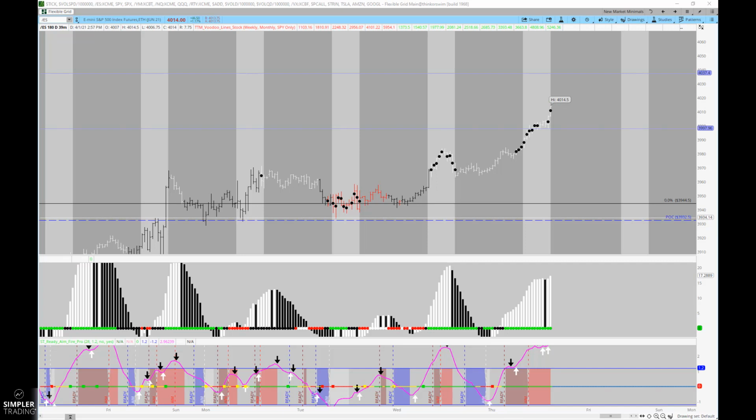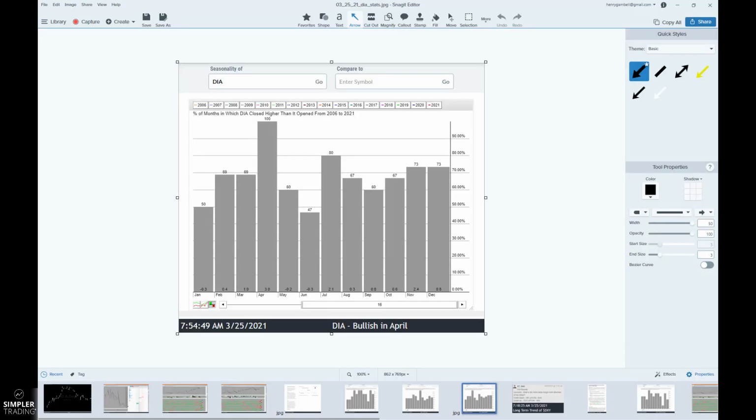Now, the one thing that I will leave you with is looking at the seasonality as we head into April. Today being the 1st, we're going to head into a 3-day weekend, and when we get back on Monday, that'll be the 5th.